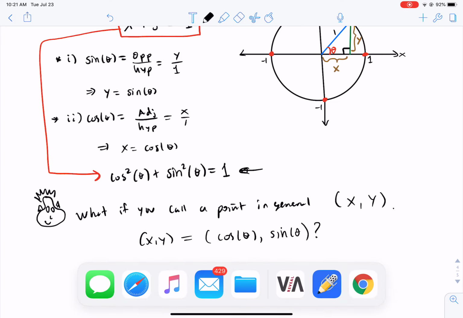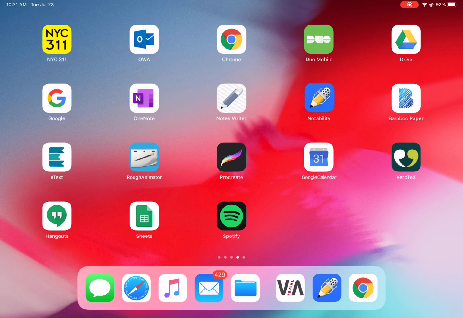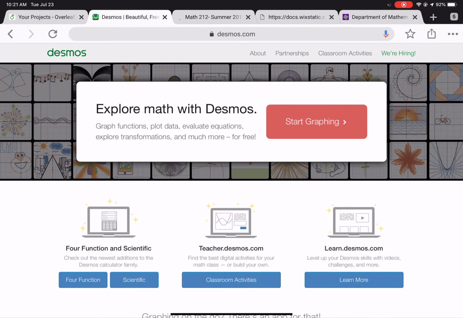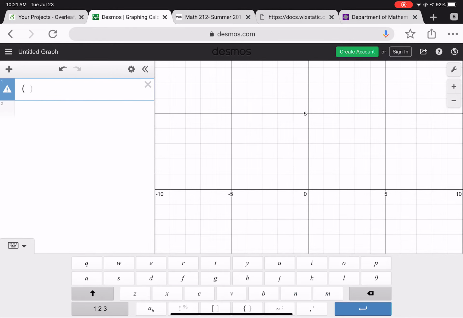So let's go to Desmos. That's where we graph the things. Here we're going to say, I want points x, y. But what is x going to be? Cosine theta.